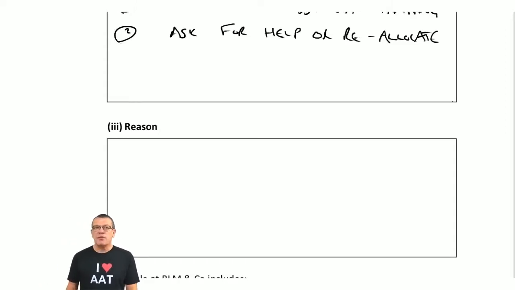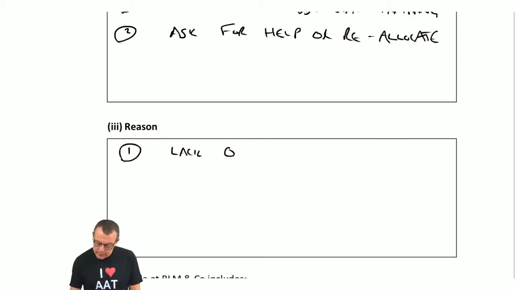really, I wouldn't say it's professional competence as yet, because you can't say that you're not competent. You may well do a very good job. But I think the best thing would be, the reason would be, let's say 1, a lack of experience in this particular area. Lack of experience.